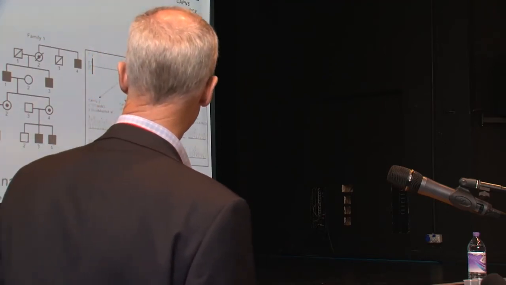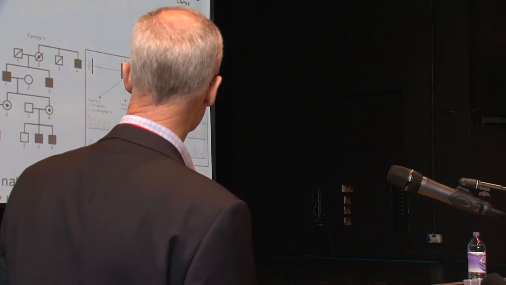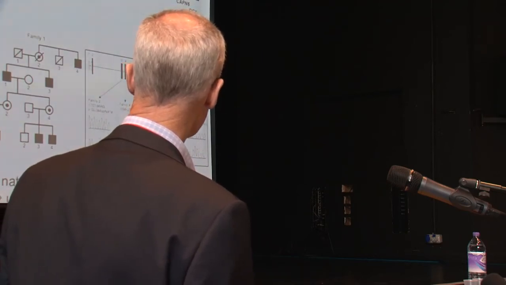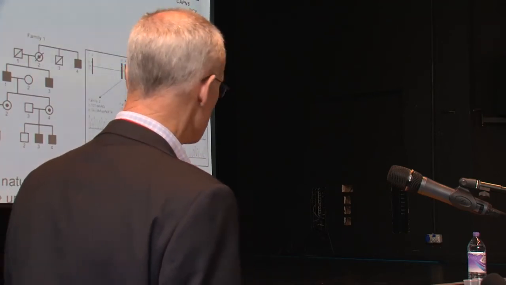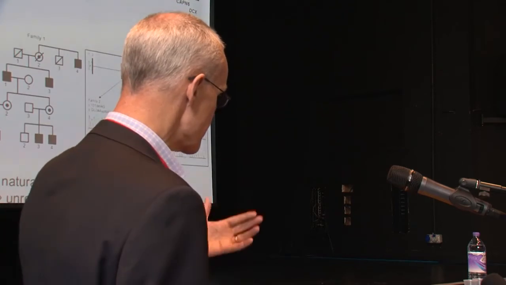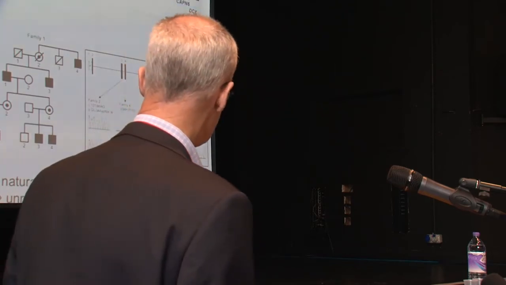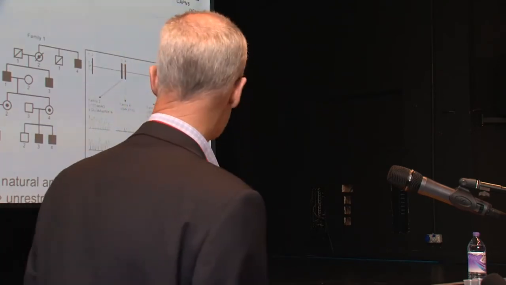And corneal thinning in this condition, which is called brittle X-linked megalocornea, again, didn't segregate. So this is the usefulness of our families in validating the results.